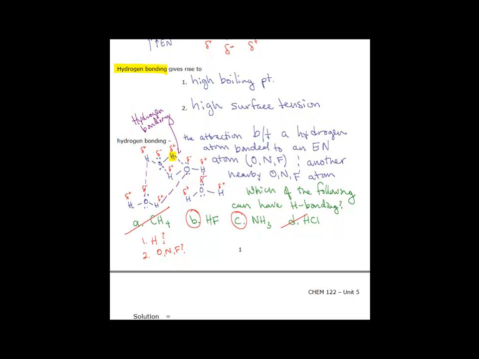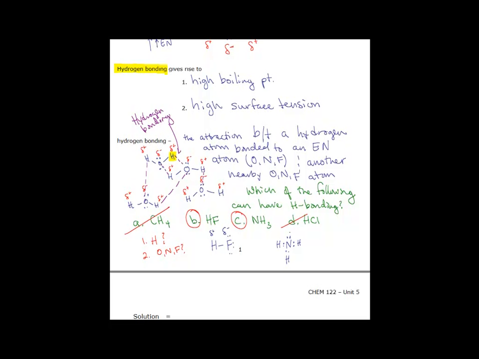And just to show you HF, this is what your Lewis dot diagram would look like. You have the partial negative here, partial positive here. If you had another HF, you could imagine how you would have hydrogen bonding based on what we just learned. NH3, N has 5 valence electrons, hydrogen has 1.